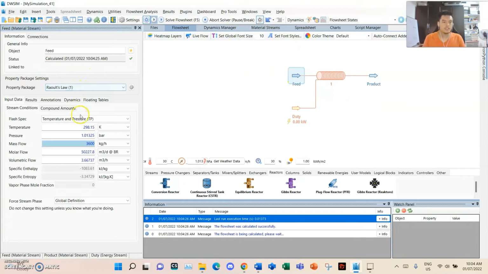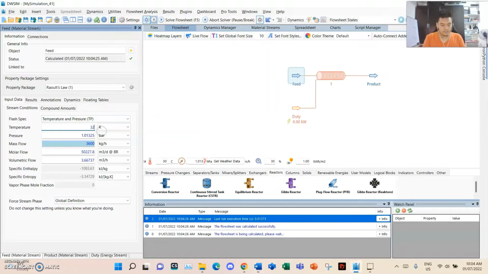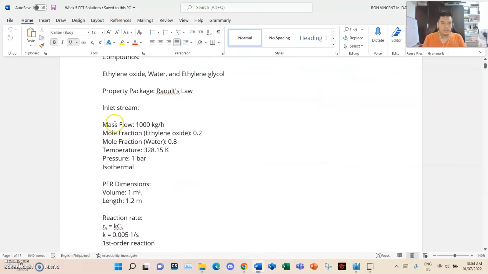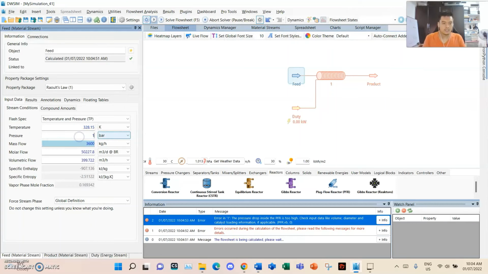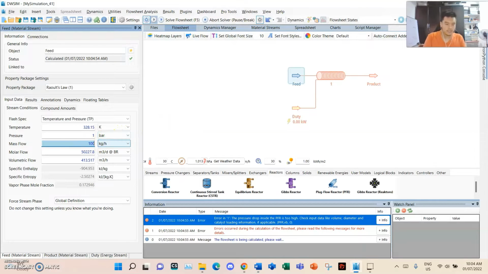The feed is in Raoult's law, and the inlet stream or the feed is at 328.15 Kelvin, and 1 bar, and then 1000 kilogram per hour.